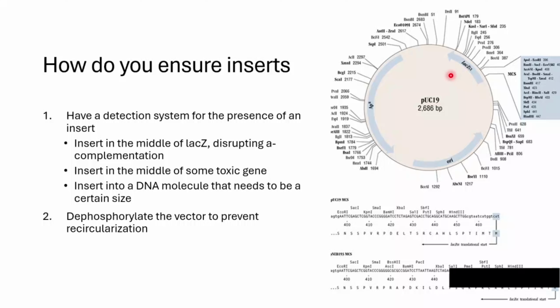So you use a strain that is sensitive to that toxin, right? And then those that don't have the insert will have the right sequence, so they will have the right toxin, and that toxin will kill the cells. This way you end up with a more filtered lawn of bacteria that has only your inserts in it, okay?